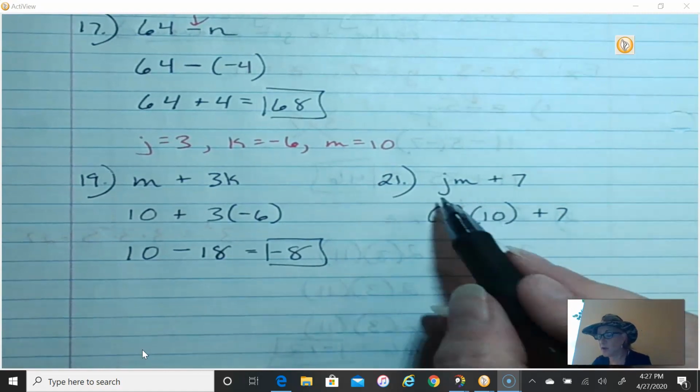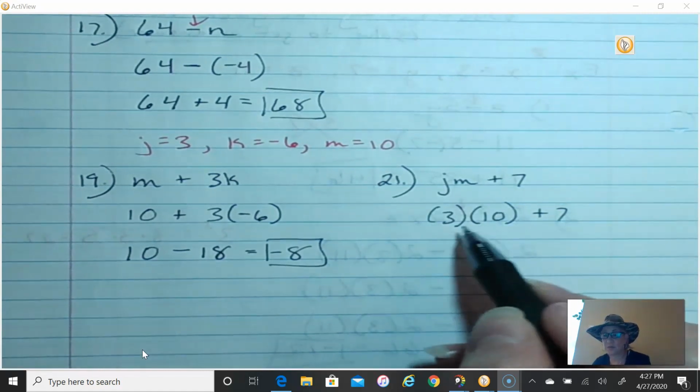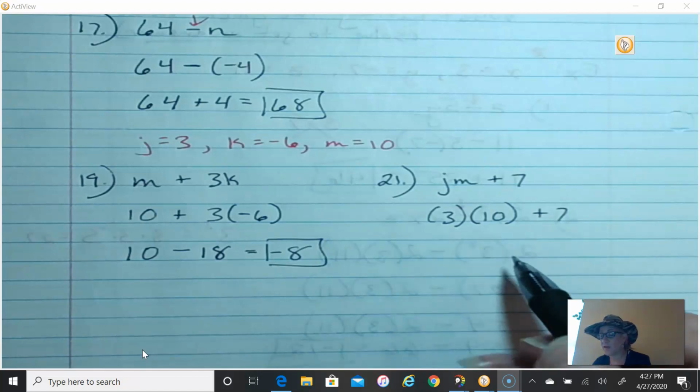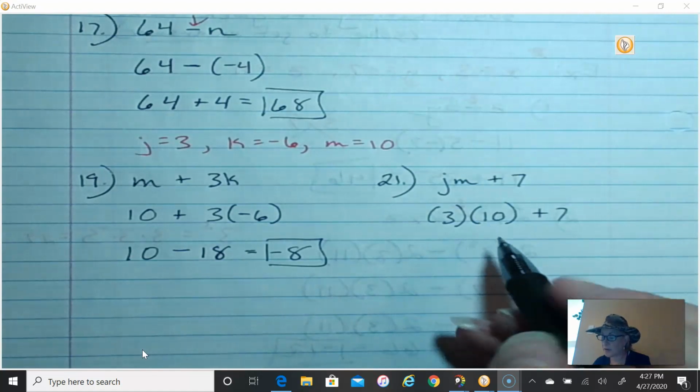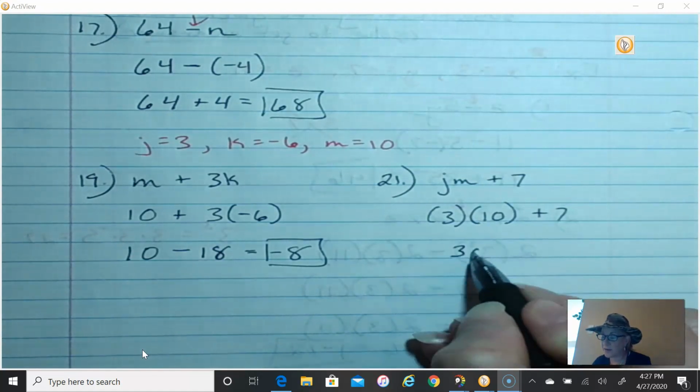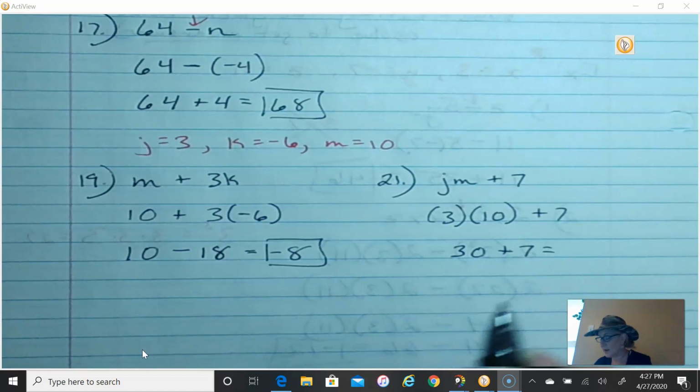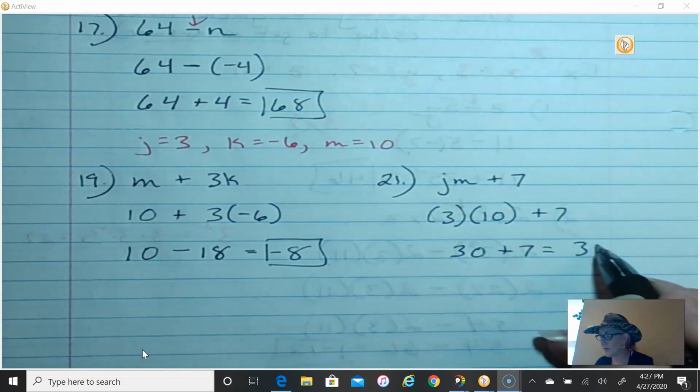They're multiplying, so you got to make sure you're still multiplying both of those. So what do we do first, the plus 7 or the multiplying? Do multiplying, so 3 times 10 is 30, plus 7, and you get 37.